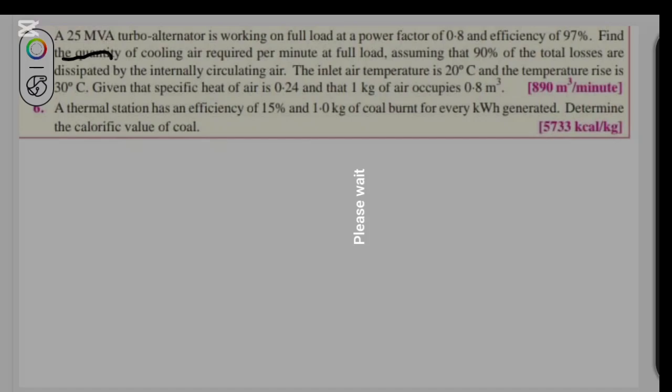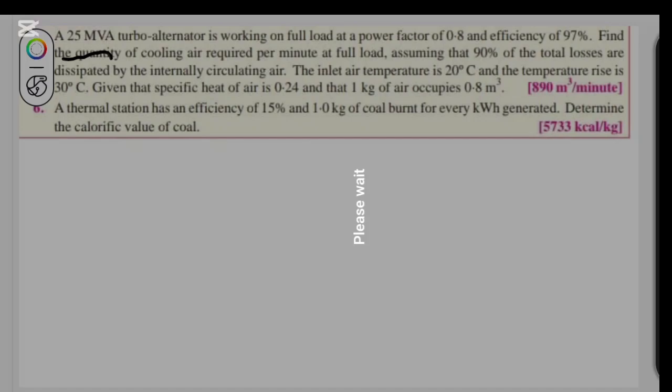It says the inlet air temperature is 20 degrees Celsius, and the temperature rise is 30%. So you have to take note of that. Given that the quantity heat of air is 0.4, and that 1 kg of air occupies 0.8 meter cube, which is the volume.